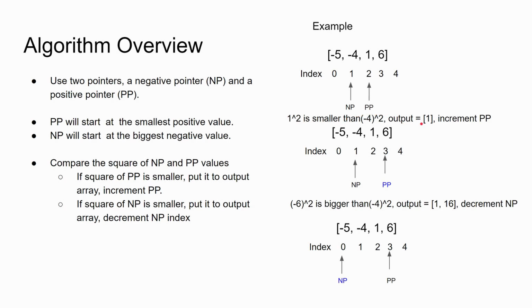And then because 6 squared is bigger than -4 squared, it'll add -4 squared, which is 16, and it will decrement NP. So that's how the code would work.